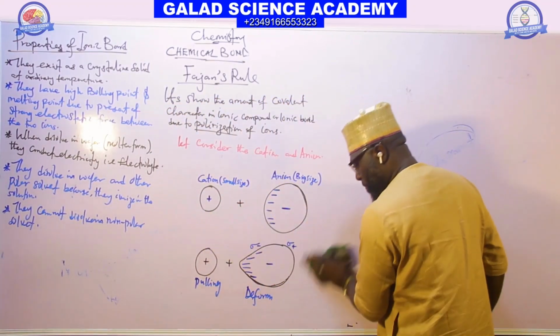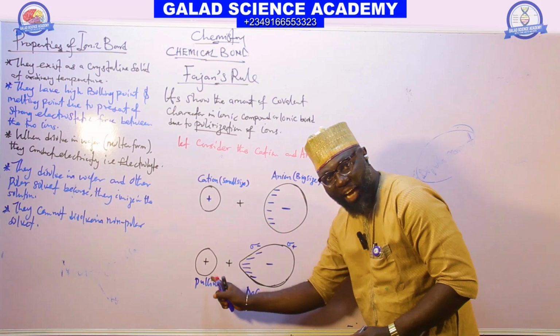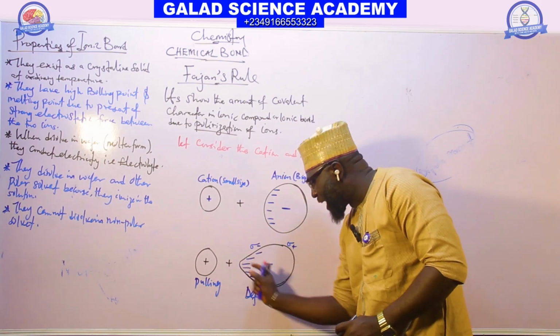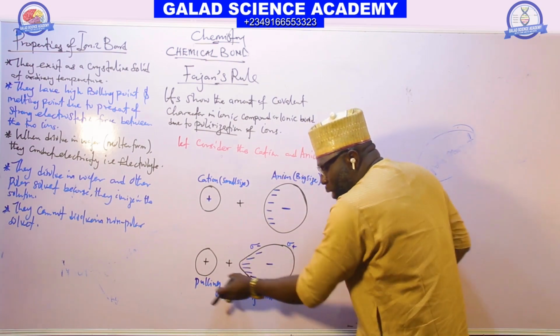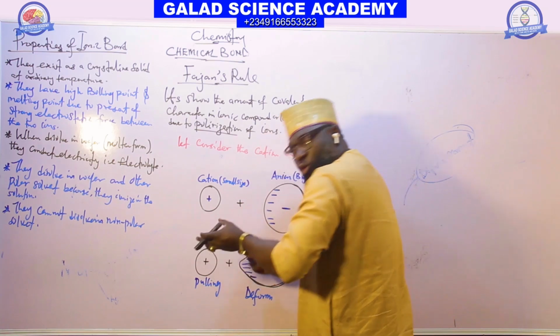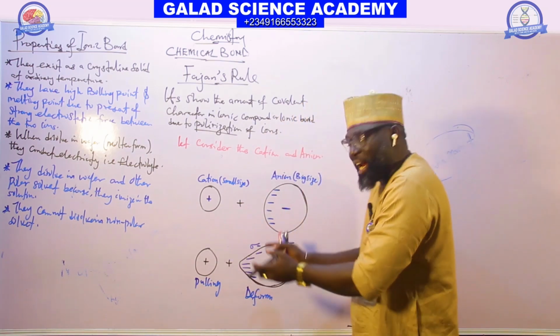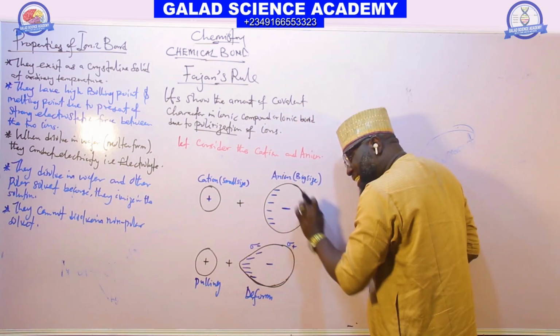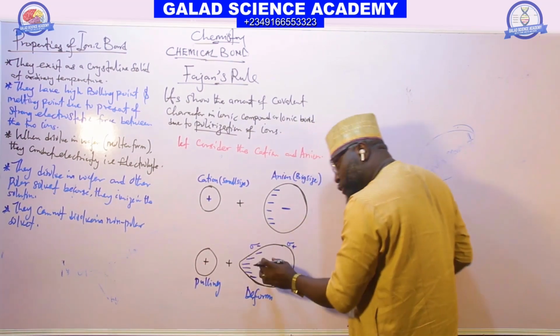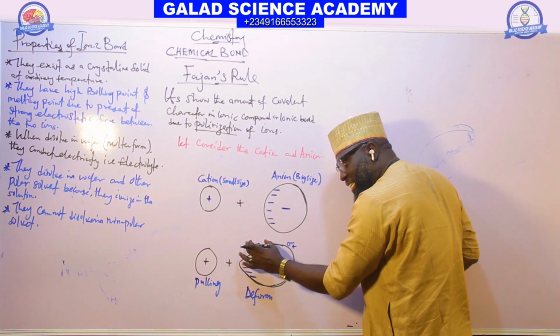This positive charge will attract the electron cloud toward itself. So the pulling ability of the cation to attract the electron cloud toward itself, and the anion will be deformed like this. Here we have partial positive and partial negative charge.